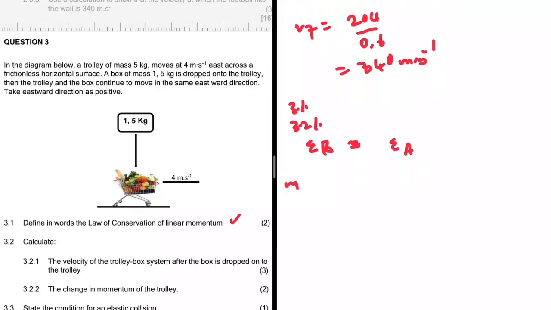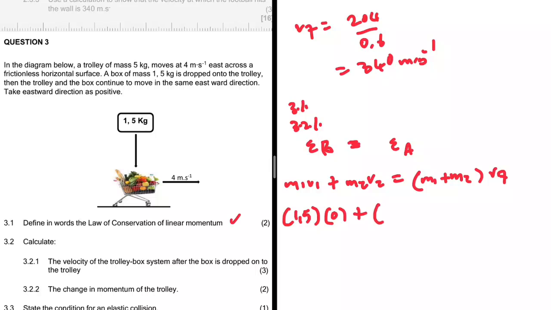So we have m1v1, that is the momentum of the box, m2v2, that is the momentum of the trolley. And then after the box is dropped onto the trolley, we're going to have (m1 plus m2) multiplied by vf, because they now move as one unit. The box has a mass of 1.5, but its velocity along the x-axis is 0.